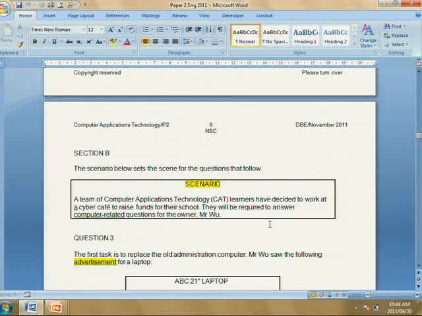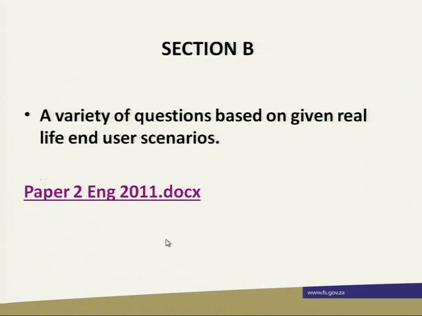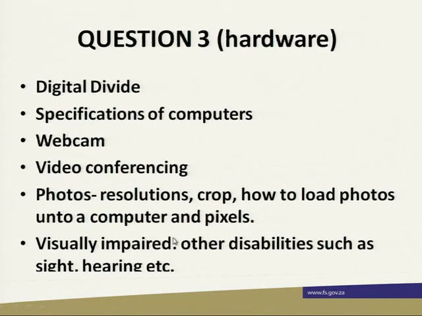A team of computer application technology learners have decided to work at a cyber cafe to raise funds for their school. They will be required to answer computer-related questions for their Mr. Wu. Right. Now, when we are approaching question 3, most of the questions for question 3 are from hardware. All right.